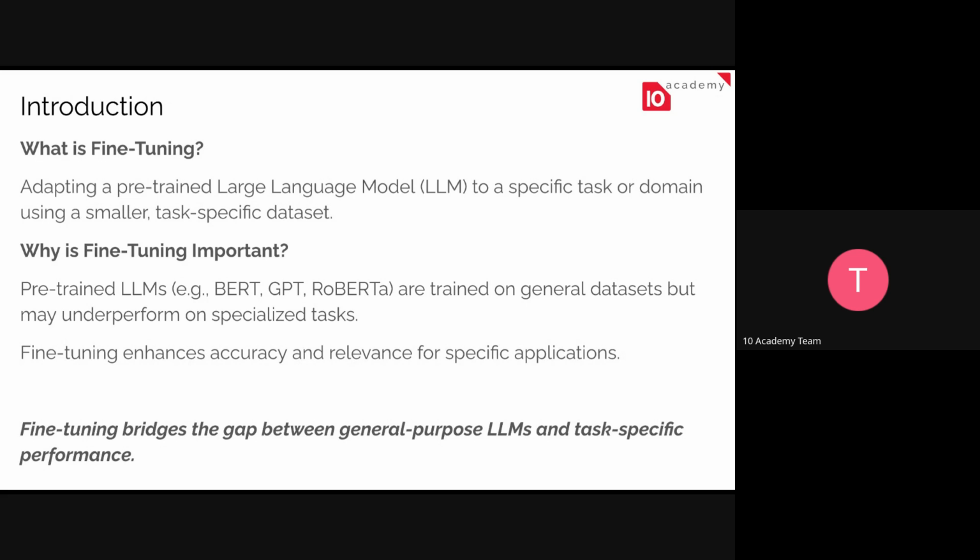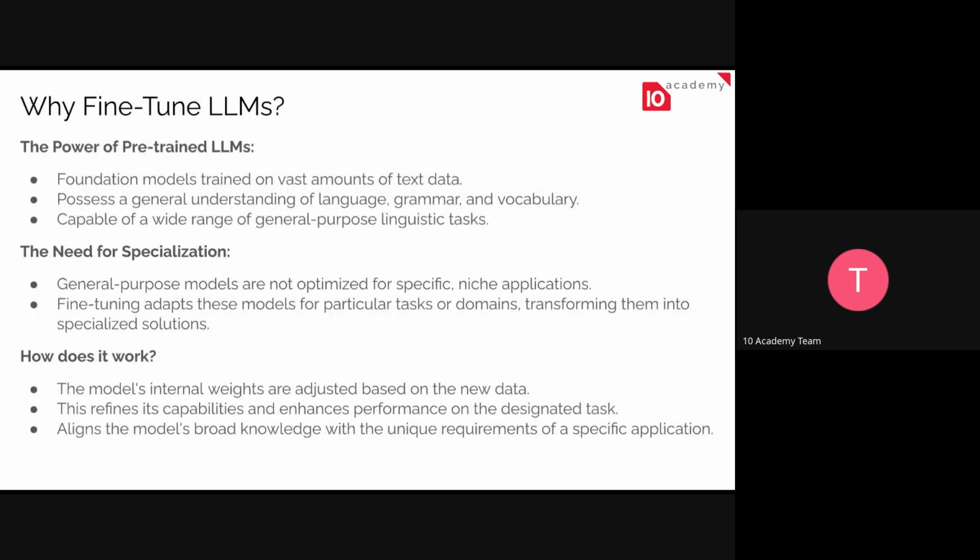Just to highlight, fine-tuning bridges the gap between general purpose LLMs and task-specific performance. So why do we fine-tune LLMs? To powerhouse the pre-trained LLMs, as we discussed earlier. They are trained on a vast amount of text data, so they possess very generic knowledge: a general understanding of language, grammar, and vocabulary, but they might not be able to do specific tasks.